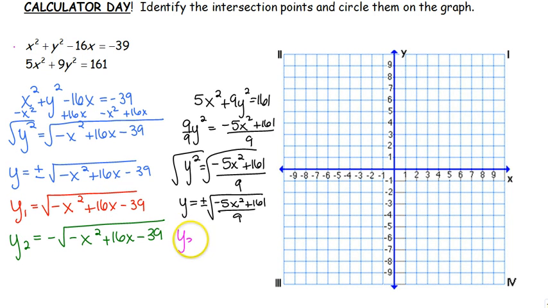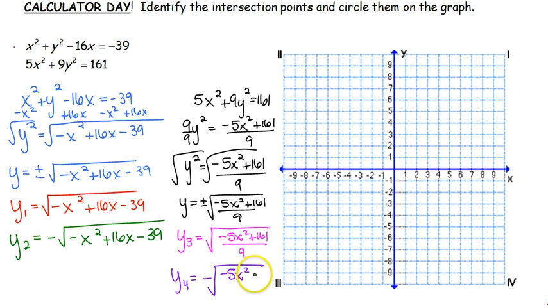So now we're down at y3. We're going to have the positive square root of negative 5x squared plus 161 over 9. And then in y4, we'll have a negative square root of negative 5x squared plus 161 all over 9. So we have 4 total equations that we're going to plug in.